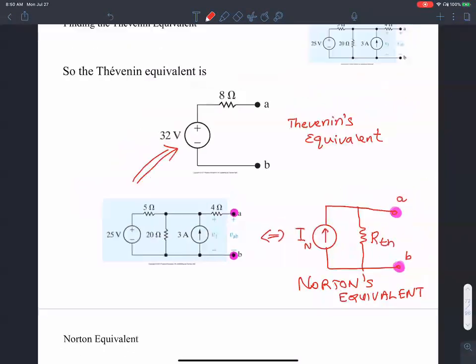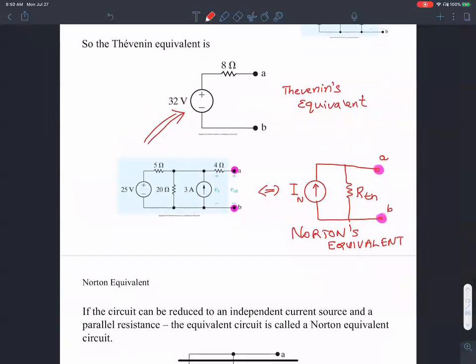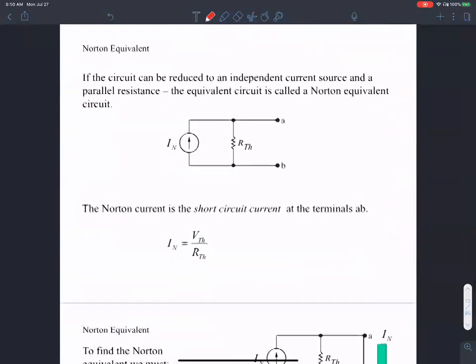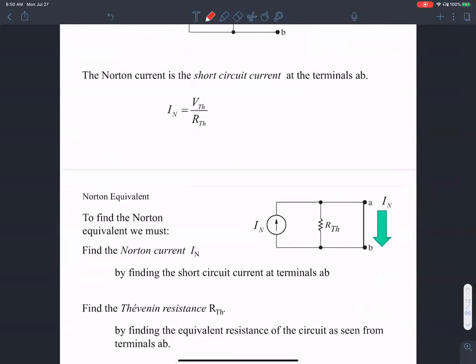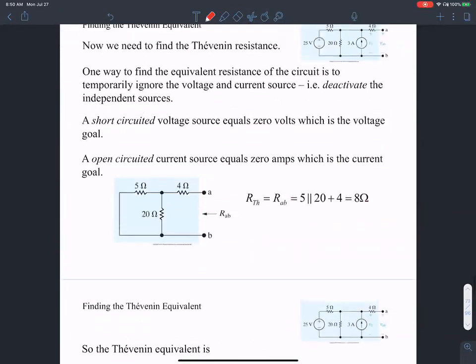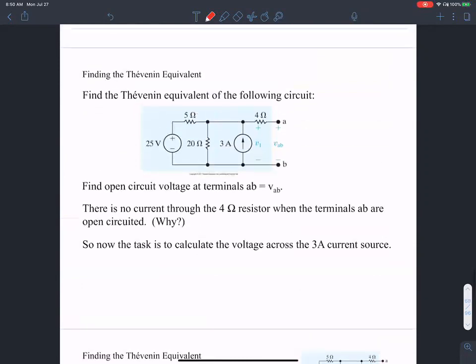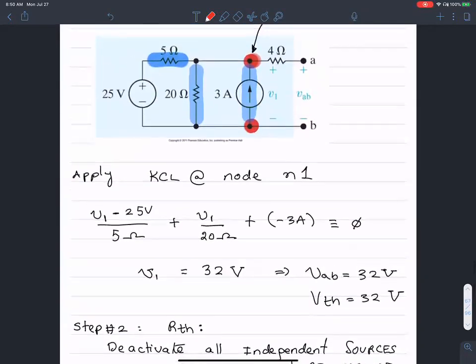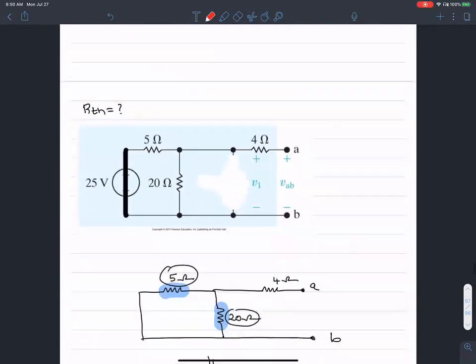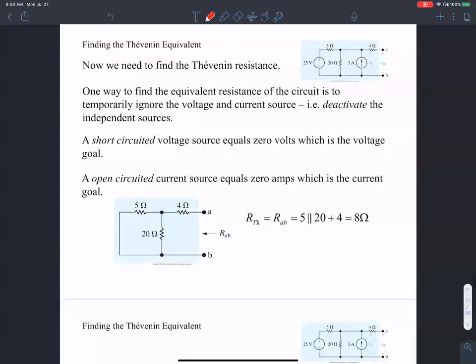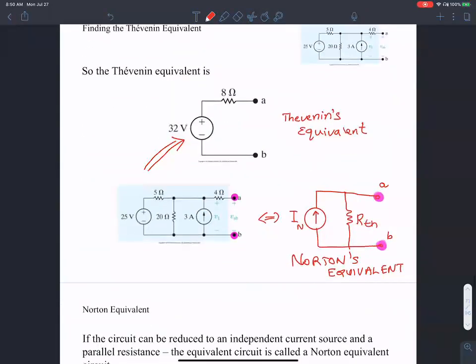Let's see the Norton's equivalent current, which is defined as the short circuit current. Thevenin's equivalent voltage is defined as the open circuit voltage. Now, Norton's current is defined as the short circuit current.